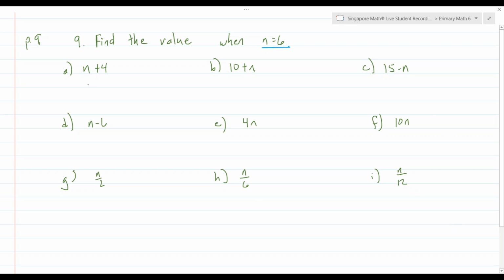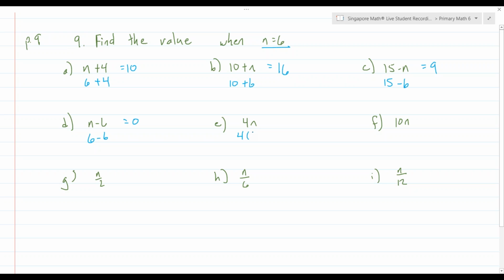So if I have n plus 4, and I'm told that n is 6, 6 plus 4 is 10. 10 plus n becomes 10 plus 6, which is 16. 15 minus n is 15 minus 6. That, of course, is equal to 9. N minus 6 is the same thing as 6 minus 6. That's 0.